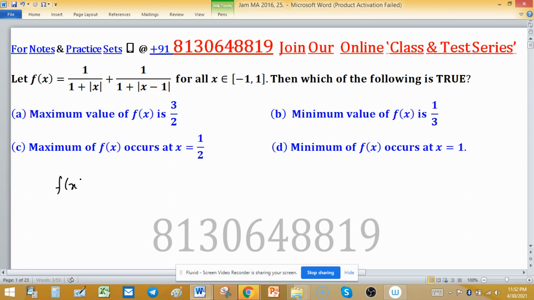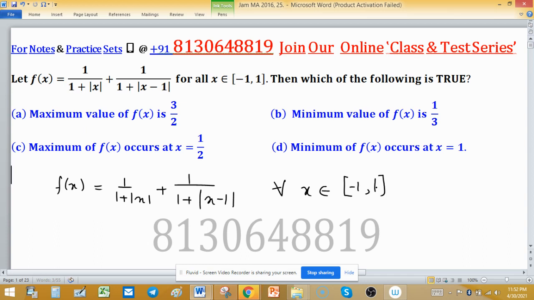As f(x) is 1/(1+|x|) + 1/(1+|x-1|), and this is true for all x coming from the closed interval -1 to 1. Whenever an absolute function is involved, always break the absolute function at the point where its behavior changes.